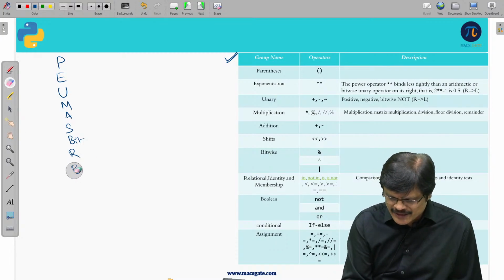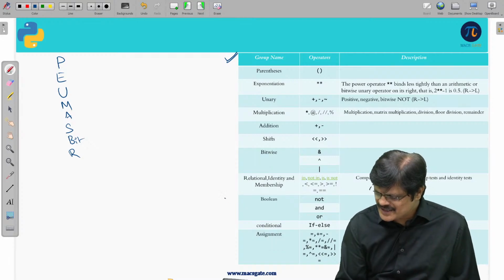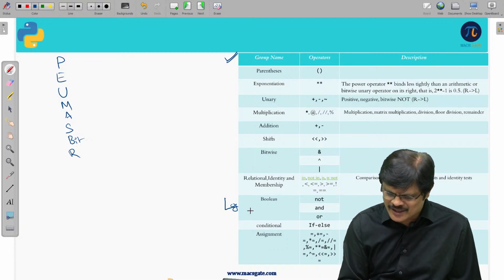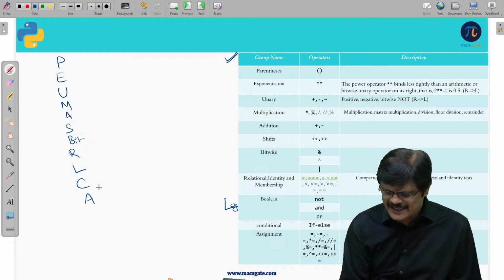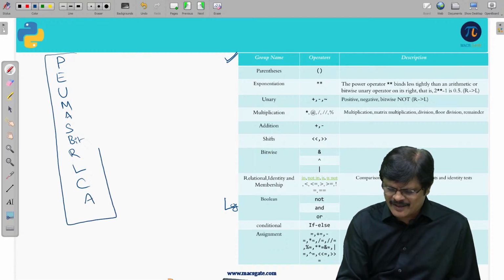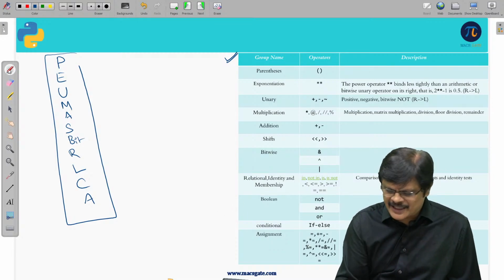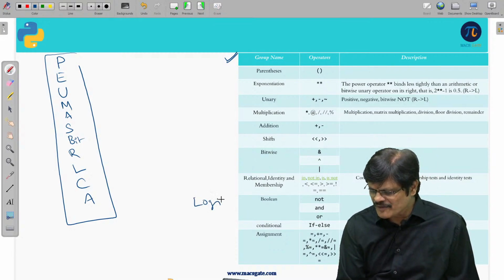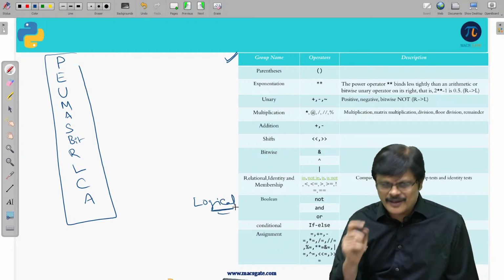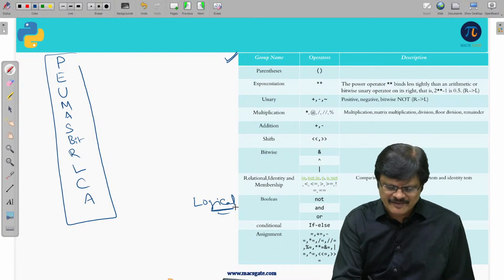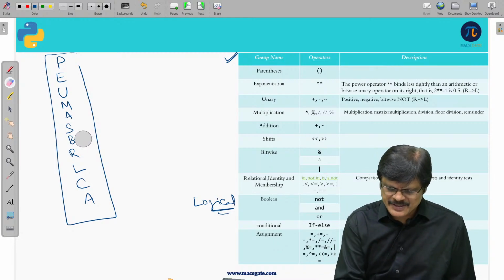So let us call them logical operators, which is a better name for this. Instead of boolean, let us call them logical operators. After relational, logical operators, conditional, and finally assignment. So this is the order, my dear friends. I suggest you call it logical, sorry, because that is a printed one, I cannot change it. But instead of calling it boolean, let us call it logical, so that there will be no confusion with bitwise. So this is the precedence order.